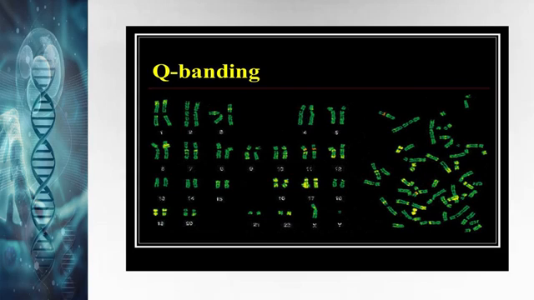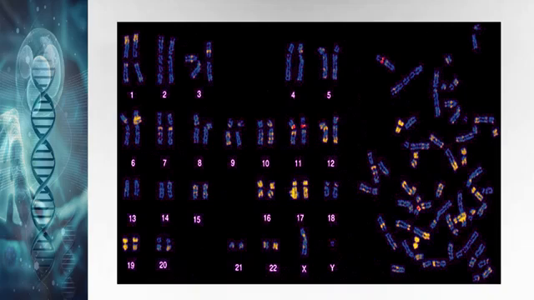The fluorescence of quinacrine quenches due to the amino group of the guanine bases of the DNA. Therefore, AT-rich regions of the chromosomes fluoresce more brightly than the GC-rich parts. The bands produced are called Q bands.